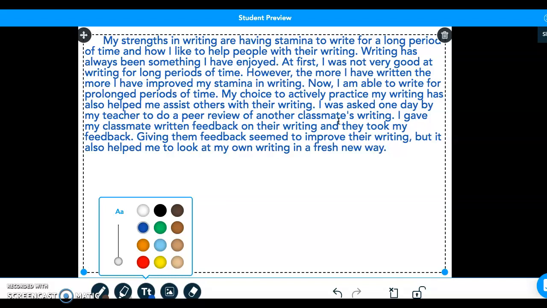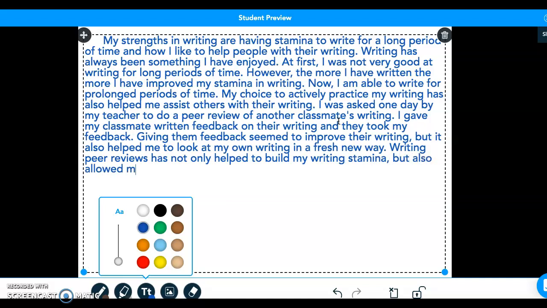Writing peer reviews has not only helped to build my writing stamina, but also allowed me to assist others with their writing.